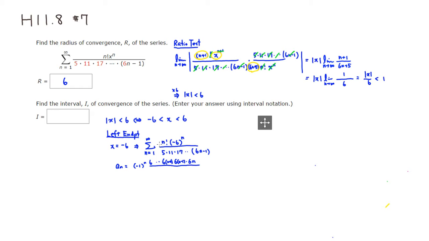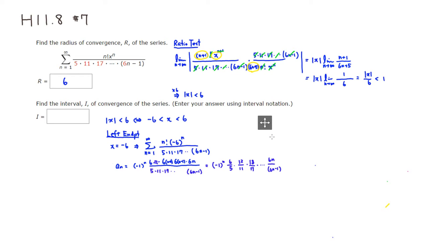If you compare this with the denominator, 5 times 11 times 17 and so on up to 6n minus 1, and write it this way, you get 6 over 5 times 12 over 11 times 18 over 17 and so on, up to 6n over 6n minus 1.